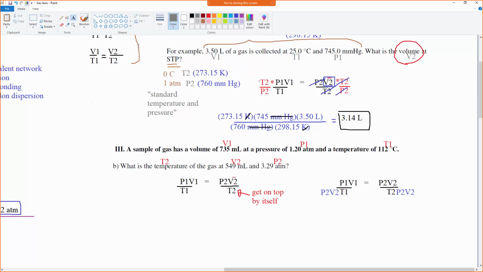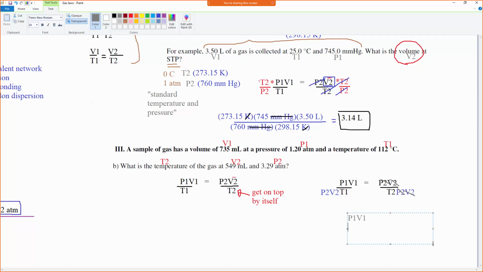And when you do that, your P2's cancel and your V2's cancel. And then you have an equation that looks like this. It says P1V1 divided by P2V2 T1 is equal to 1 divided by T2.